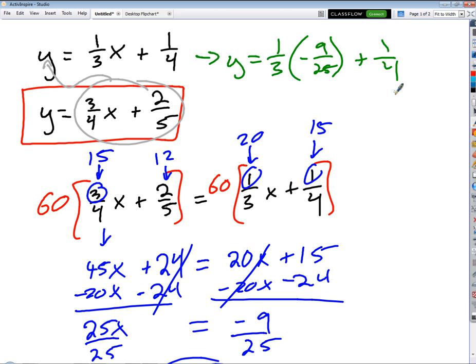I'm going to have some fractions to battle there, but it's a lot better than having to deal with it the whole way through, isn't it? So clear the fractions. Definitely highly advisable.